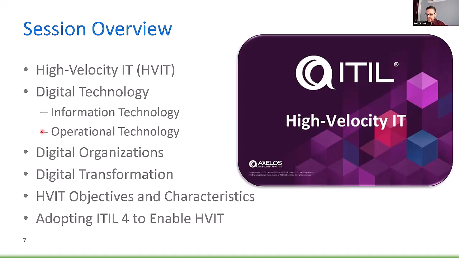But then we're going to talk about digital organizations and digital transformation. I also want to share with you what the objectives and characteristics of high velocity IT are, and then we'll conclude with 8 different ways that you can adopt ITIL 4 in order to enable high velocity IT in your organization. And I hope that all of you are as excited as I am.